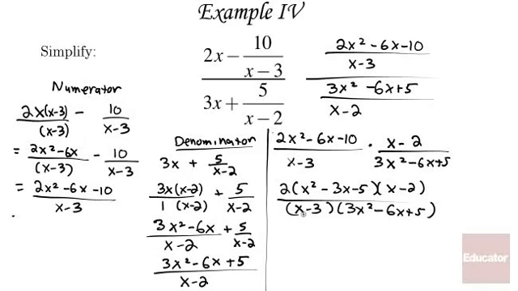So I started out with this, which had both mixed expressions and complex fractions. I first got rid of the mixed expression in the numerator and the mixed expression in the denominator. And once I did that, I rewrote it as such so that now it's just a complex fraction.